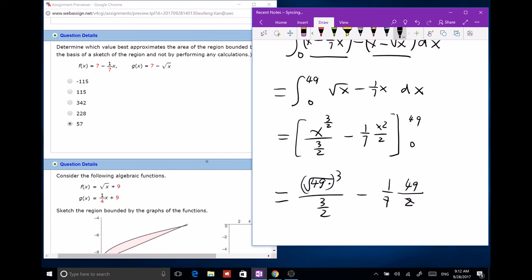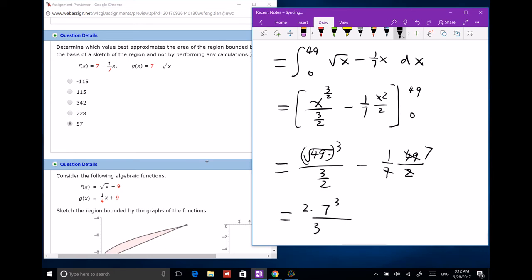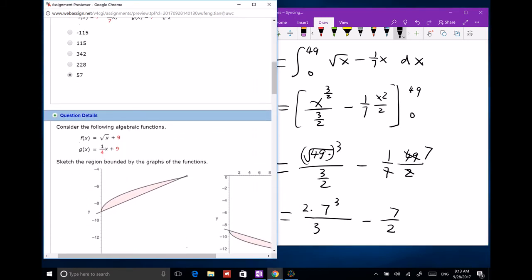This reduces to 7 cubed times 2/3, minus 2 over 7. It might not be exact; it says approximate, right?